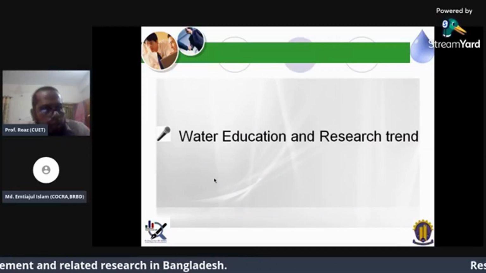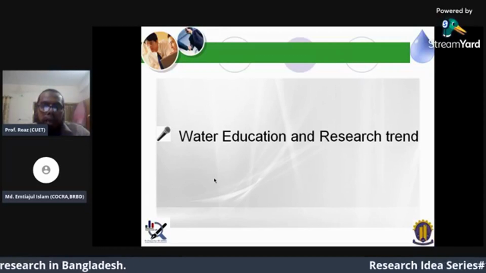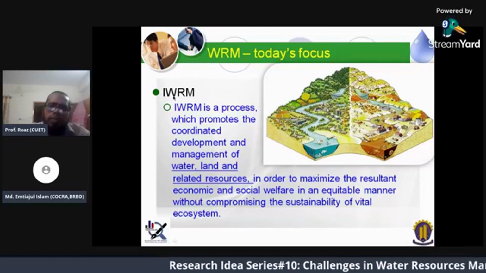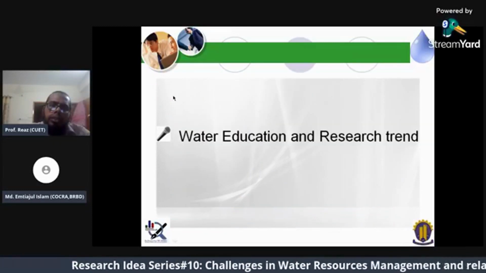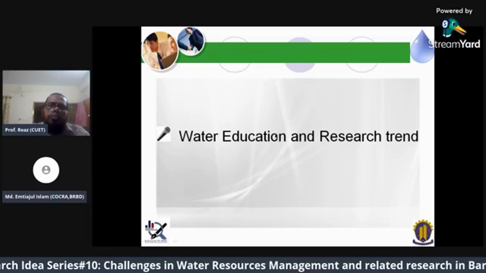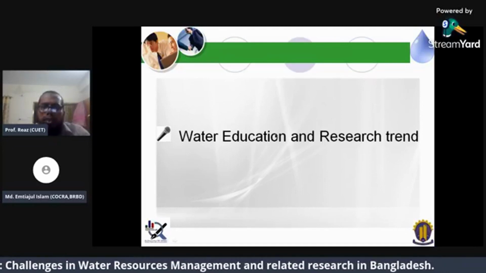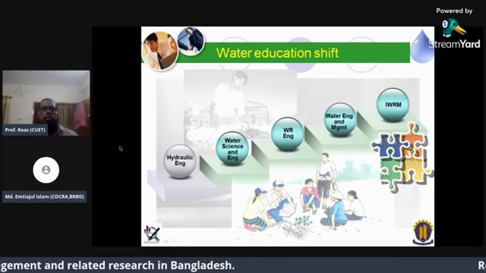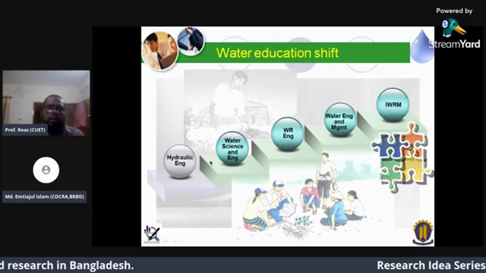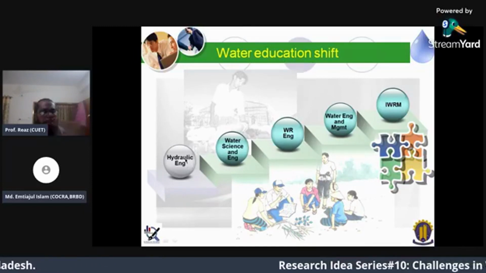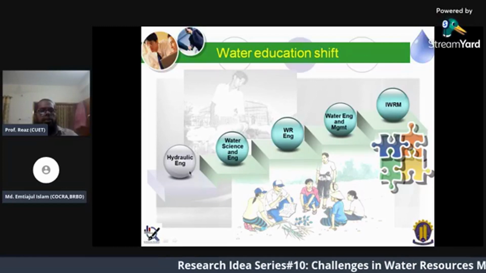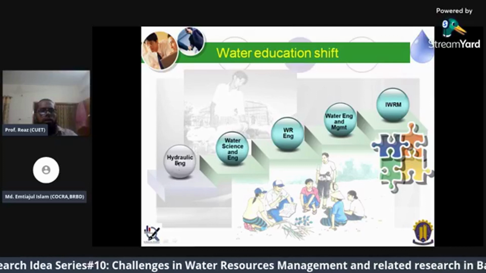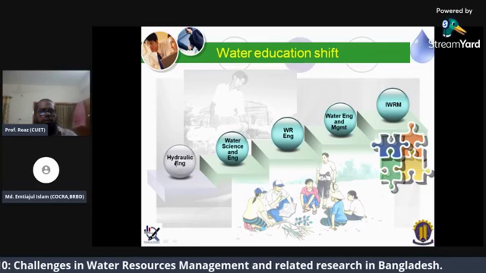So there is a specific shift from WRM to IWRM, and that is why we need a shift in education and research. How has water education and research changed? If we look into this figure, you see the water education shift. Initially, in the 1950s and 1960s, water education was completely focused on hydraulic structures and hydraulic engineering.